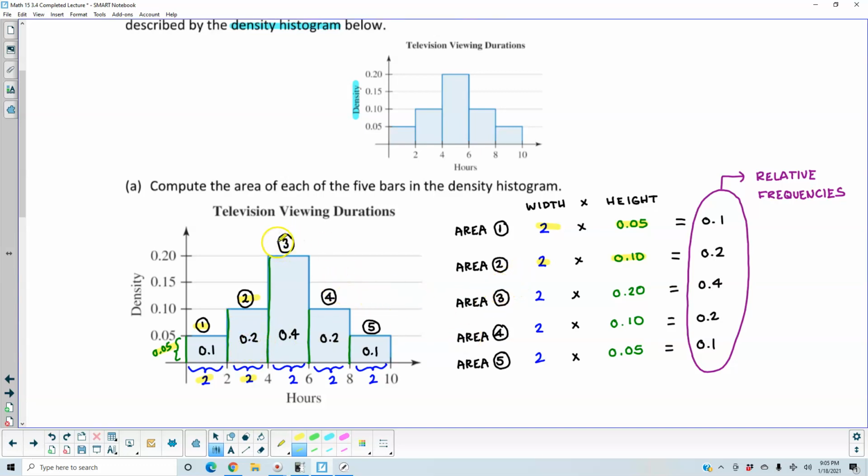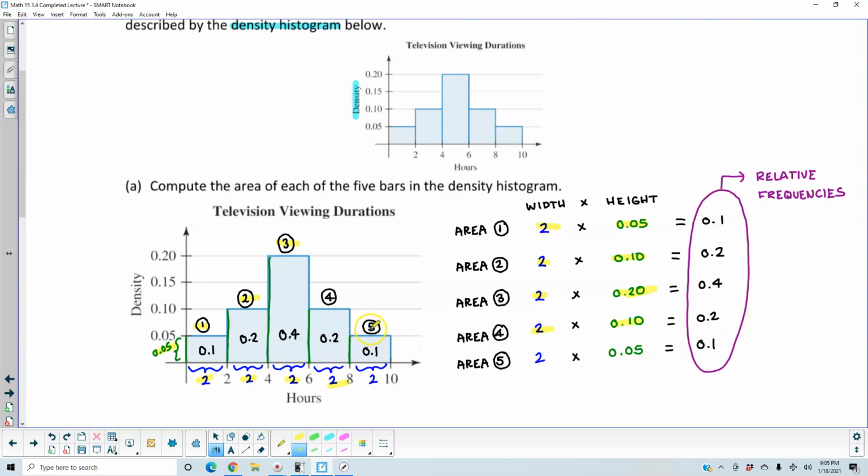Okay, now for the third rectangle, we know that the width is 2, and we know the height goes all the way up to 0.20. So 2 times 0.20 is equal to 0.4, so the relative frequency is the area of that bar, or the rectangle. Next we have rectangle 4. We know that the width is 2, and we know that the height is 0.10, which we did earlier. So 2 times 0.10 is 0.2.